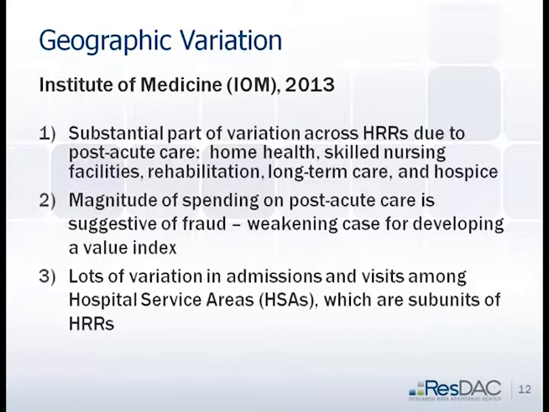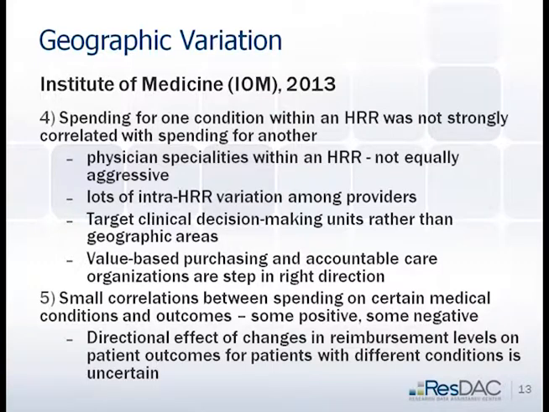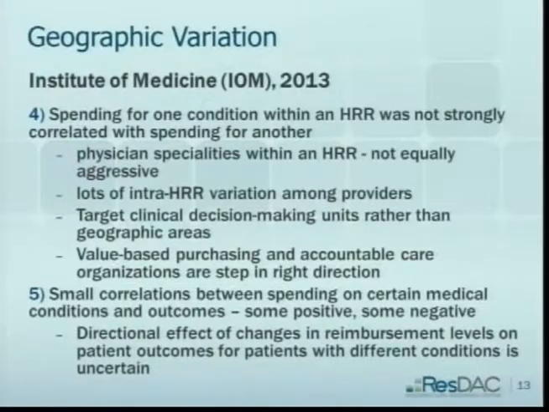We see a lot of variation in admissions and visits among hospital service areas, which are a subunit of the HRRs. We see that spending for one condition within a health referral region is not strongly correlated with spending for another. So physician specialties within HRRs are not equally aggressive. There's lots of intra-HRR variation among the providers.